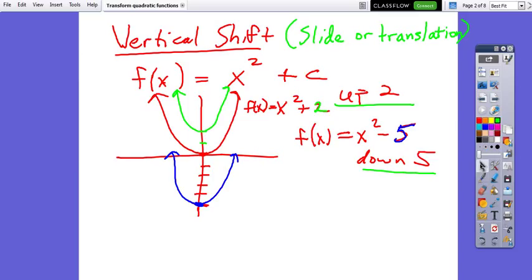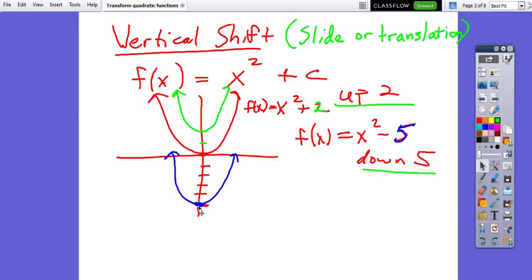Then we have f of x equals x squared minus 5, and here we would simply take our parent and move it down 5 units. Nothing else changed. The width did not change. The way that this thing is facing, in terms of it facing up, did not change. All that changed is we slid the parent function up or down based on the c value.